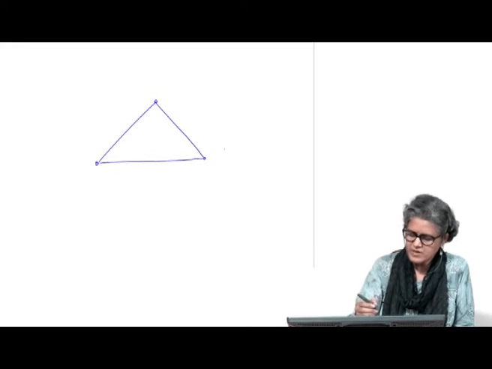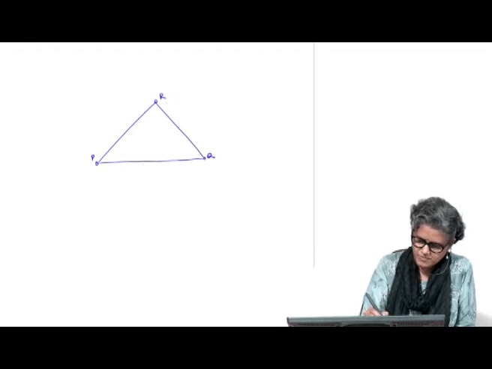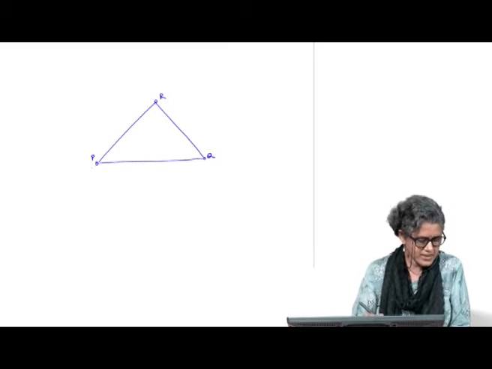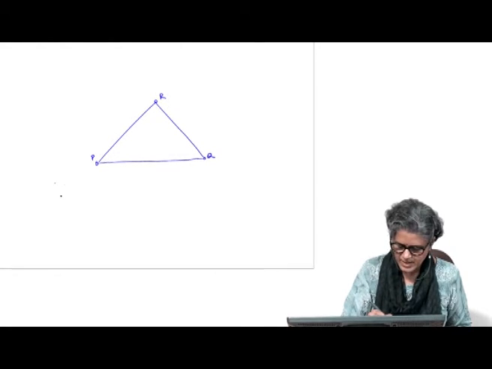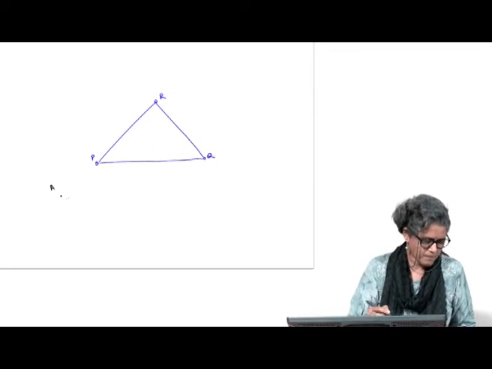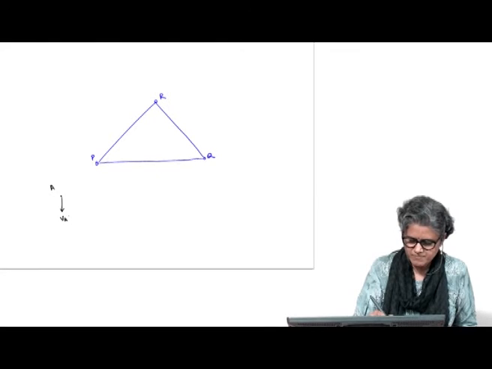Okay, or wait, let me call this PQ. Okay, I have a ternary floating link and I have a point A whose velocity I know.